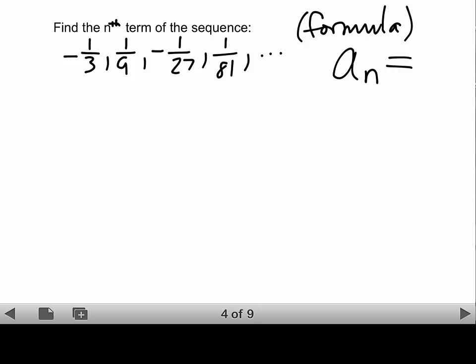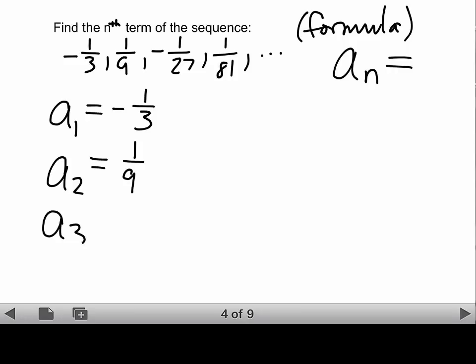A way I have found that is useful for finding this is to write down the terms with the numbers that they're associated with. That is, a sub 1 is the first term, and that actual term is negative 1/3. A sub 2 is 1/9. A sub 3 is negative 1/27, and a sub 4 is equal to 1/81.